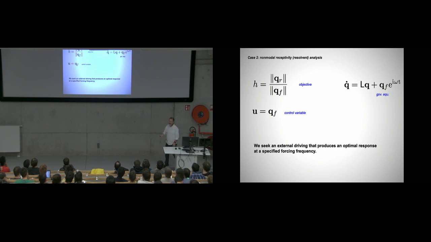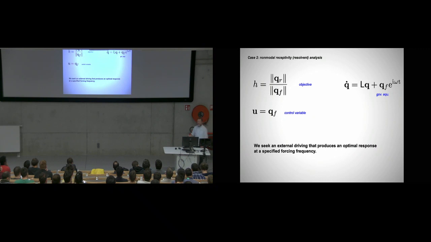So we want to see what frequency resonates with our system in a sense, but I don't want to overuse the word resonance. It has a bad connotation. So we seek an external driving that produces an optimal response at a specified forcing frequency. And just like before, this doesn't need to be integrated or time-stepped.